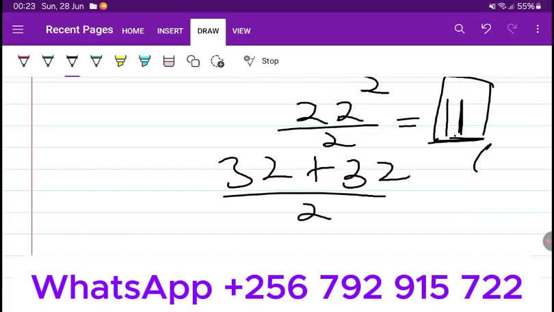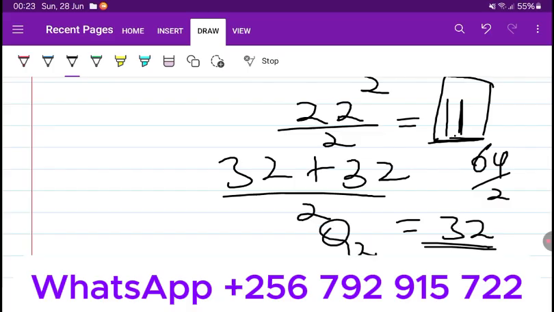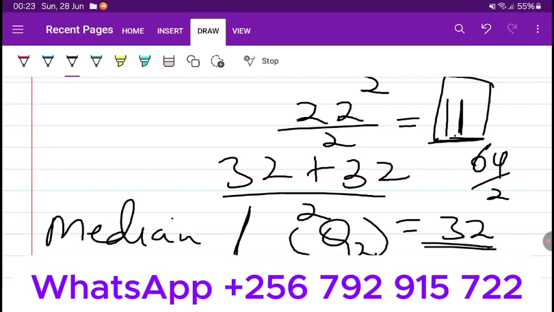Of course, this will be 64 divided by 2, that will give you 32, meaning our median, or what we call the Q2, is equal to 32. Now, I want us to look at the Q1. How do we get the Q1?